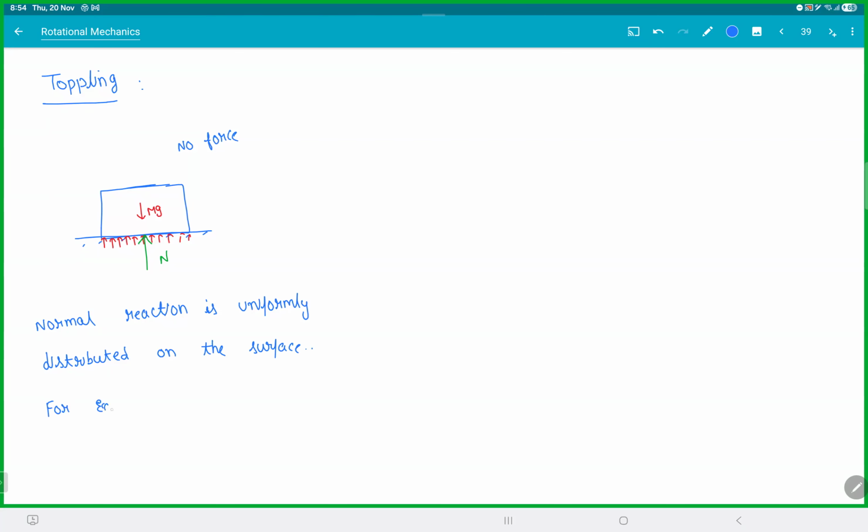Because or else there will be a rotation, there will be a torque, and the body will rotate. For equilibrium, N passes through the center of mass. Because there is no other force, there's only mg and N, so torque about the center should be 0. Fair enough. What happens if you apply a force?